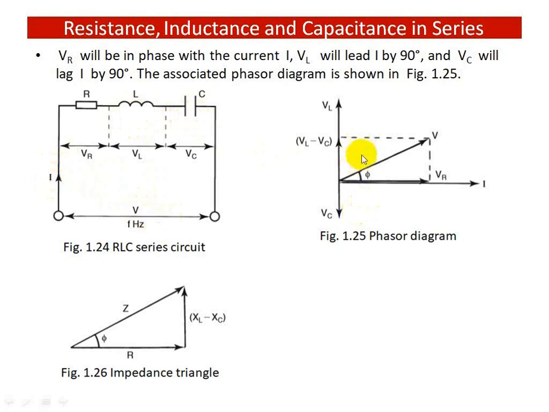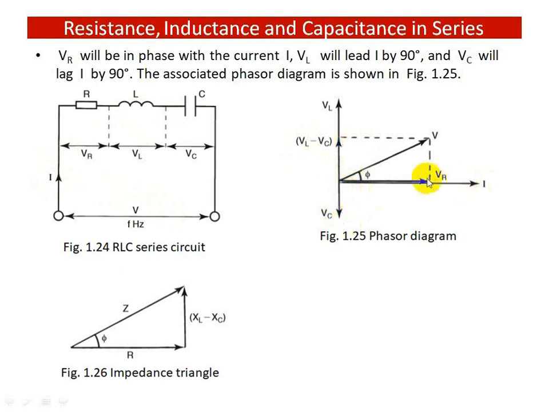Coming to the phasor diagram, let us assume that VL minus VC is positive, that is XL is greater than XC. So here VL minus VC is drawn as a positive value. Otherwise, if this value is negative, then we would have drawn this vector pointing downwards.